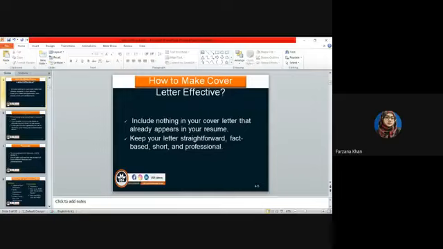You must also respect your reader's time. At the workplace, no one has ample time to read your cover letter. So it should be concise, precise, containing factual detail, and must have something which can convince your reader to call you for the interview.